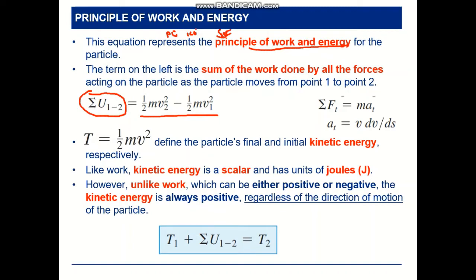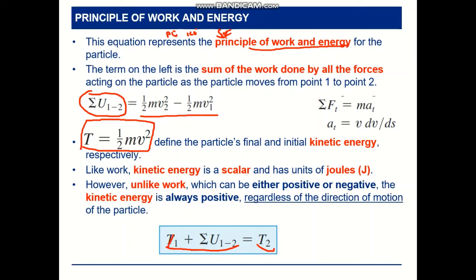Let's call our kinetic energy T, which is 1 over 2 m v squared. So T1 plus the total work is going to end up as our second stage of kinetic energy.